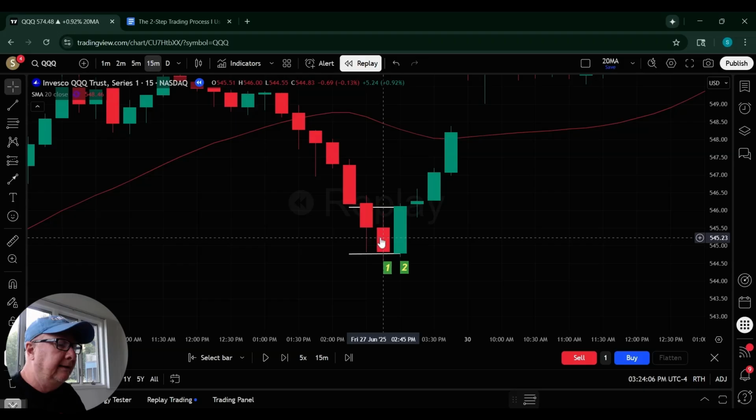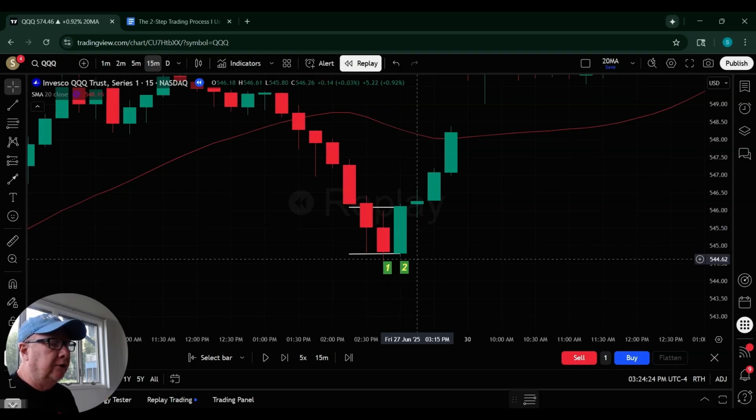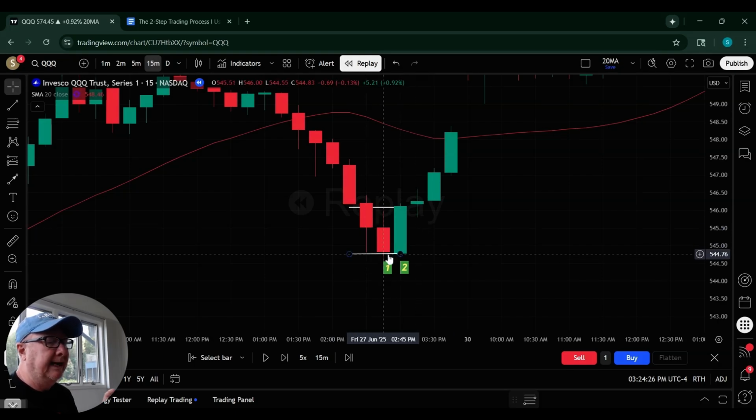This is the body, the solid red part, and these are the wicks or the tails of the candle. So all we need is for the second candle's body, which is again this solid green part, to enclose or engulf the first candle's body, which this candle does.